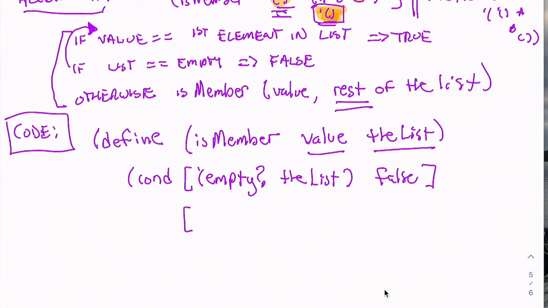Okay, so the next thing we're going to check is equals. We're going to check value against the first thing in the list. So first, the list.